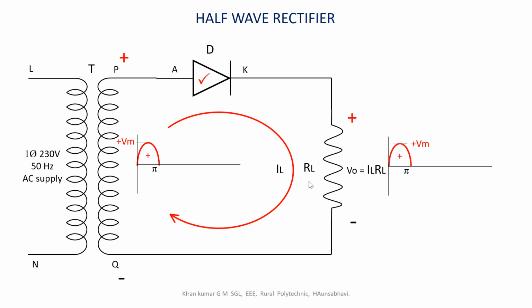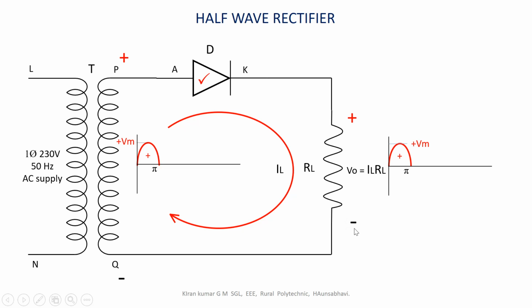This load current IL, which flows through the load resistance RL from the top end towards the bottom end, will produce the voltage V0, which is equal to IL into RL, in the mentioned polarity. The upper end of this resistance will have positive polarity and the lower end will have negative polarity, because the current flows from the top end towards the bottom end.